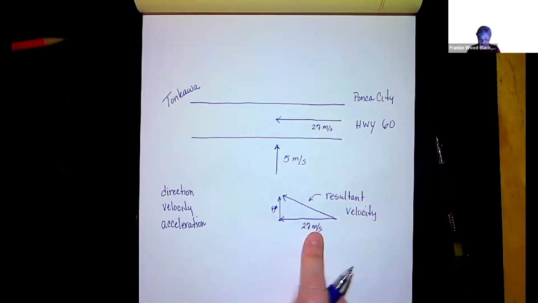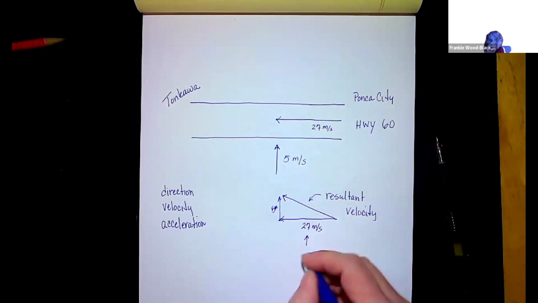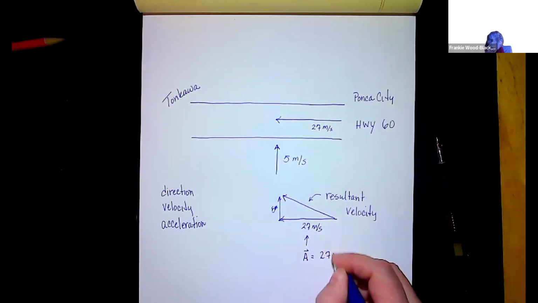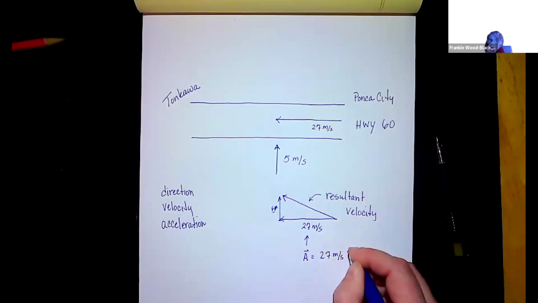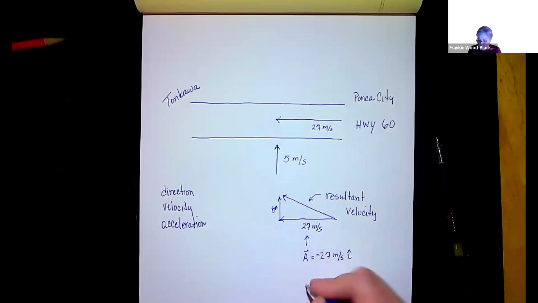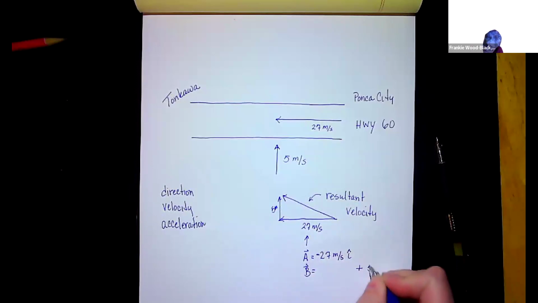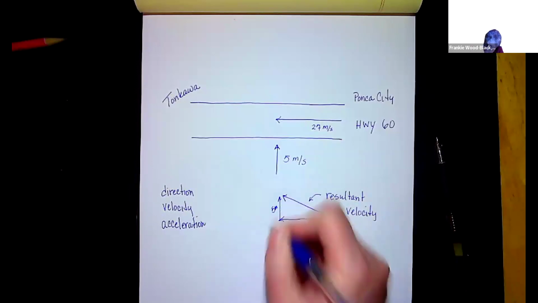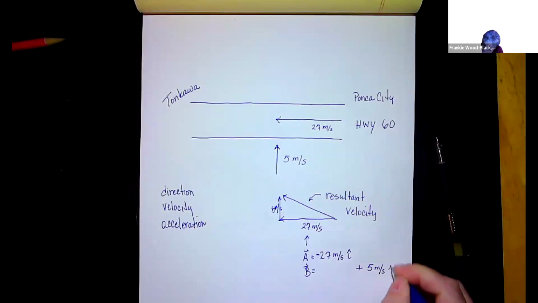Well, these are nice because this is my A vector. My A vector is 27 meters per second in the I direction. And we're going to say it's negative because we're going that way. My B vector is a positive 5 meters per second in the J direction.